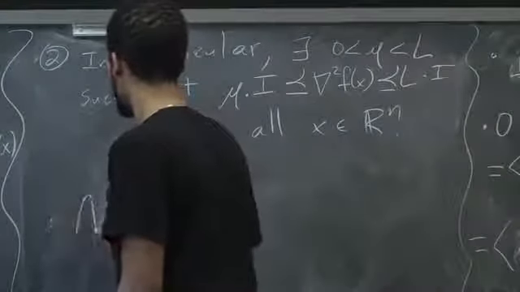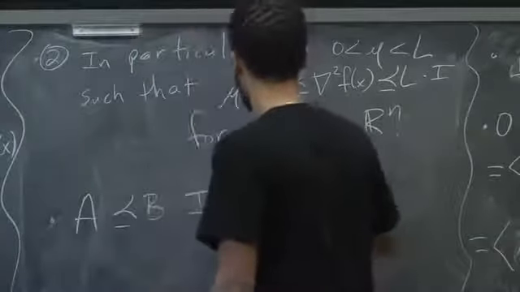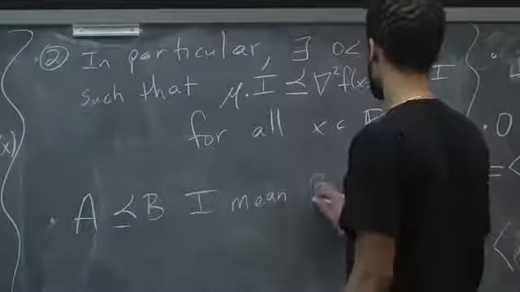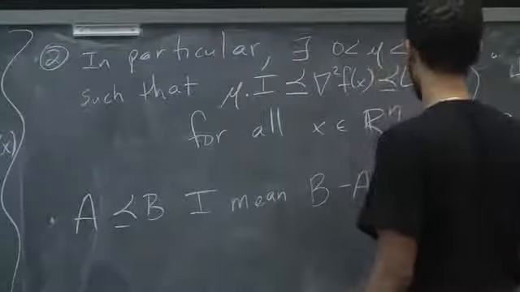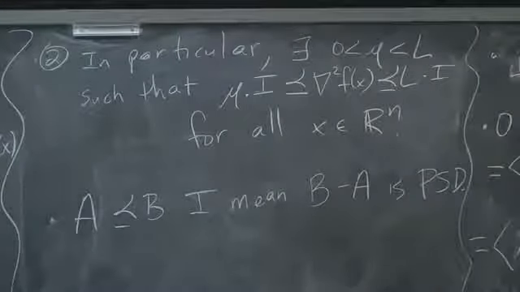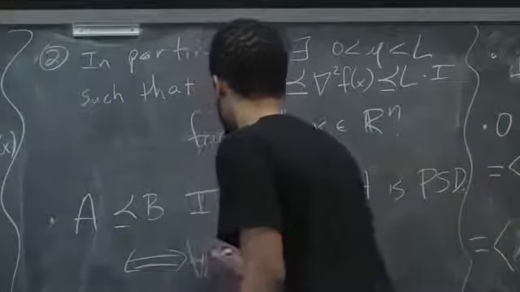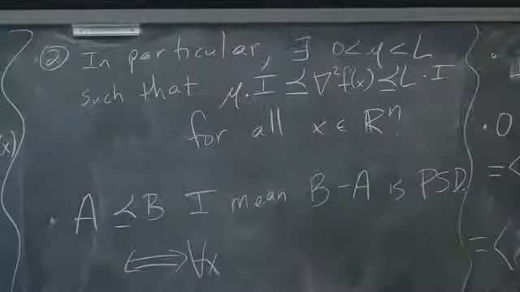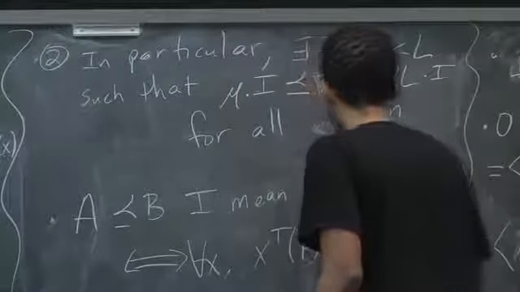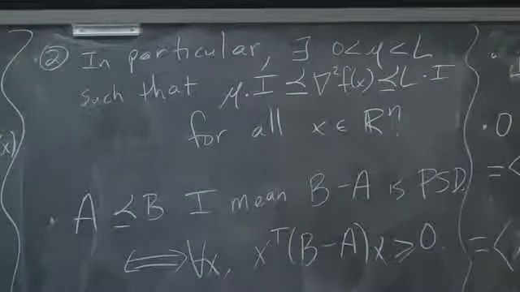And when I say that A is at most B, I mean that B minus A is positive semi-definite. If you're not comfortable with that, it's the same thing as saying for all x, x transpose (B minus A) x is at least 0.